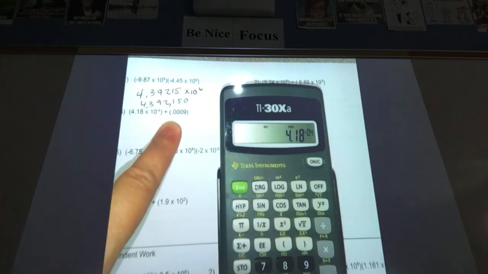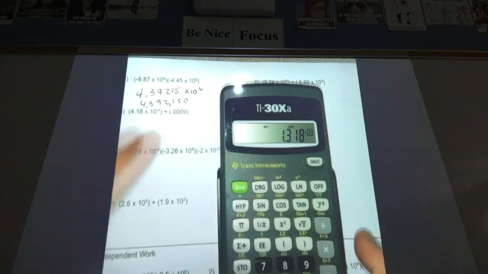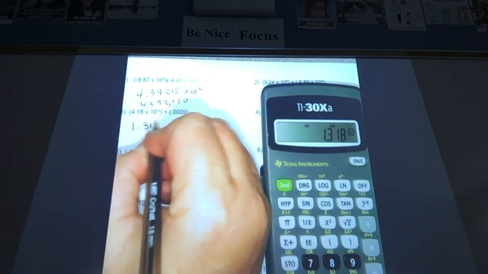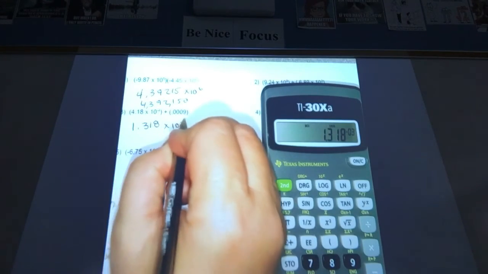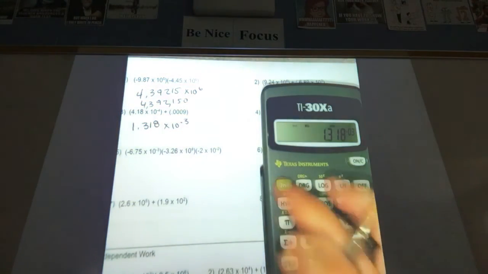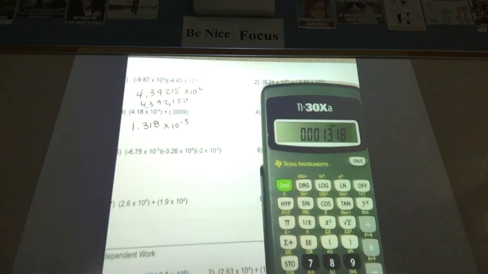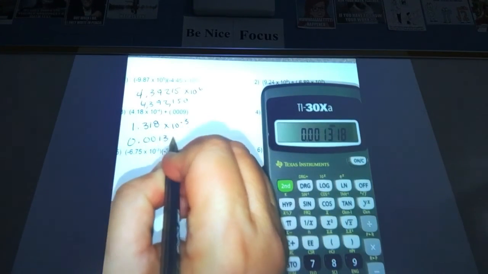This isn't in scientific notation. Yeah, you can do it. 0.123009 equals, it put it in scientific notation for us. 1.318 times 10 to the negative 3. I want to see that in standard form. I hit second flow, and I get 0.001318.